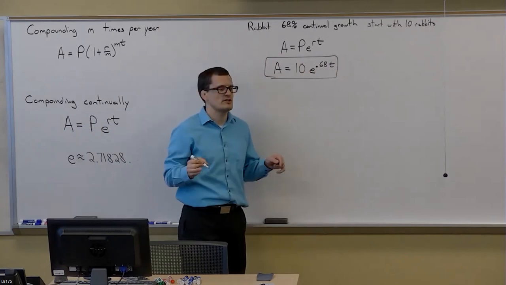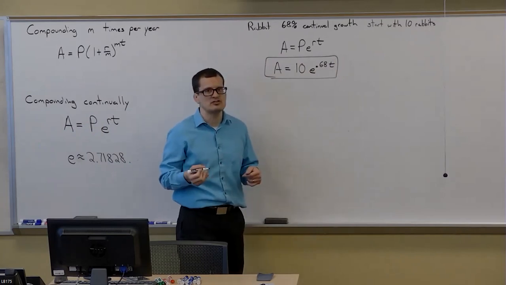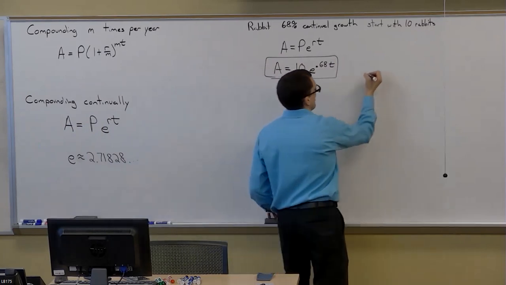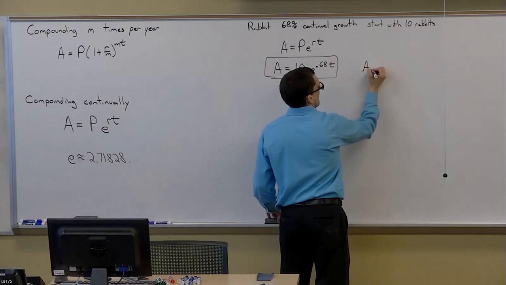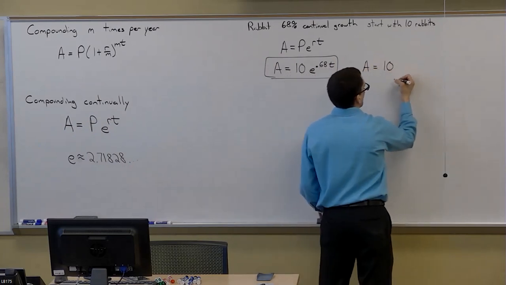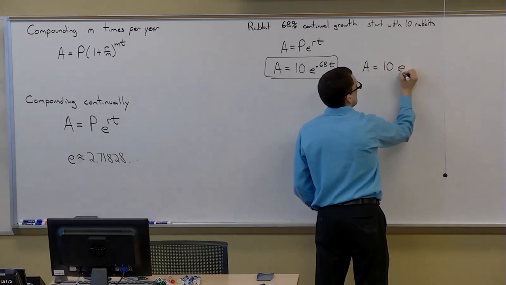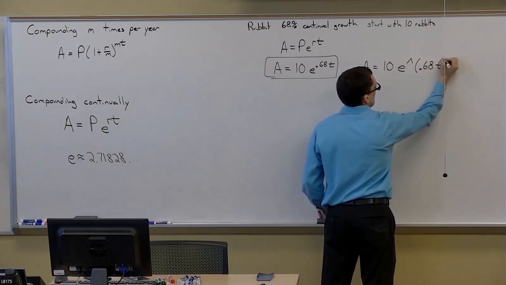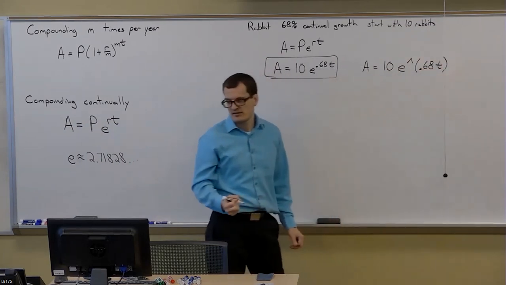By the way, just so that we're all on the same page, in Moodle, what you're going to have to write is A equals 10 E, and then you'll have to put a caret, and then 0.68 T. Does that make sense?